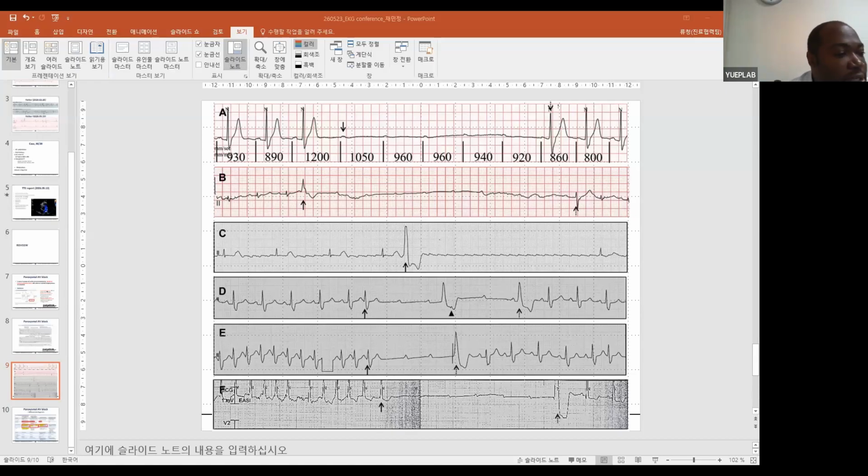This is the case of a 30-year-old female who presented with sudden onset and offset palpitations, with each episode lasting less than 30 minutes. The history included 3 previous episodes of syncope, 2 of which occurred during the symptoms and 1 during tilt table testing as part of her evaluation. Her echocardiogram was normal.